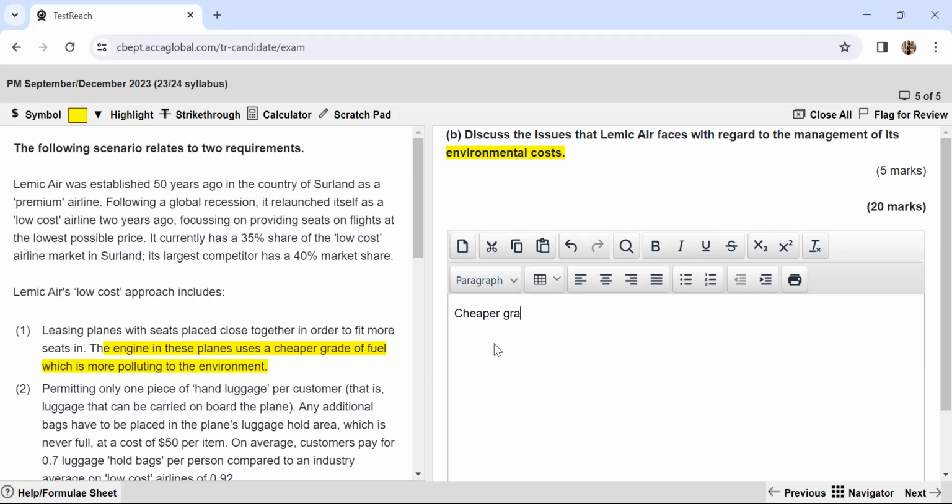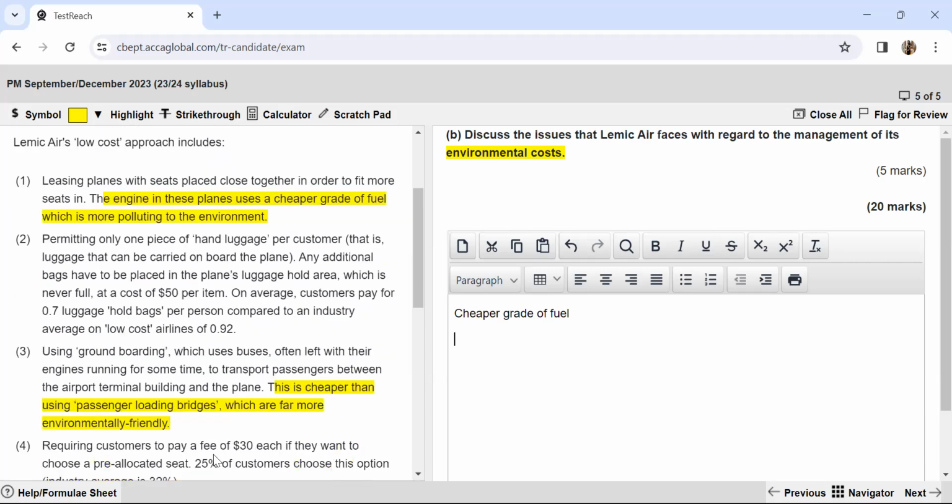Firstly, the cheaper grade of fuel being used in the airplanes, and the second thing is that they're also using cheaper ground boarding, which is less environmentally friendly, instead of passenger loading bridges, which are far more environmentally friendly.